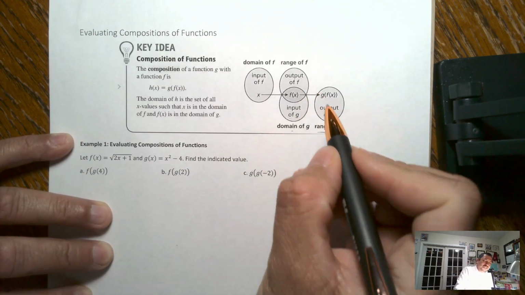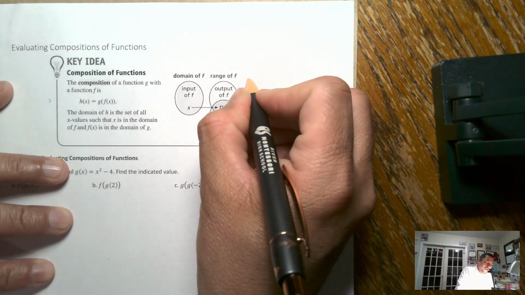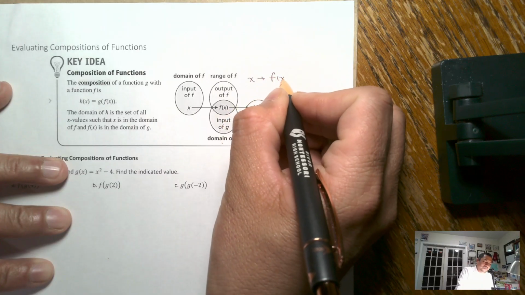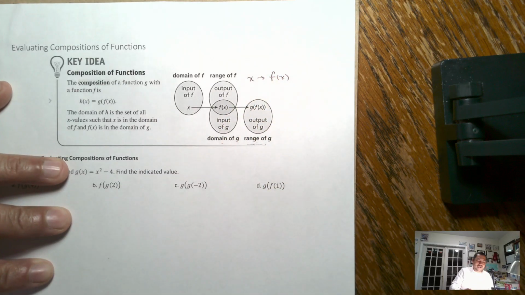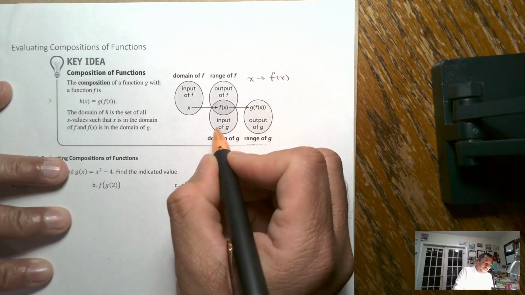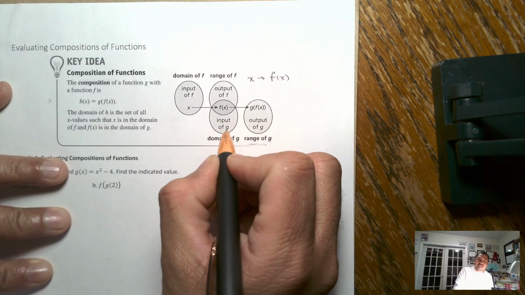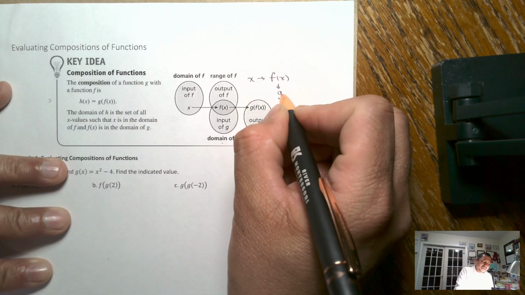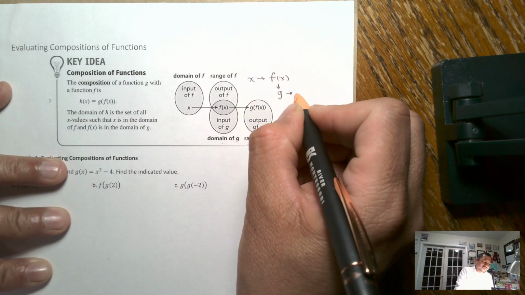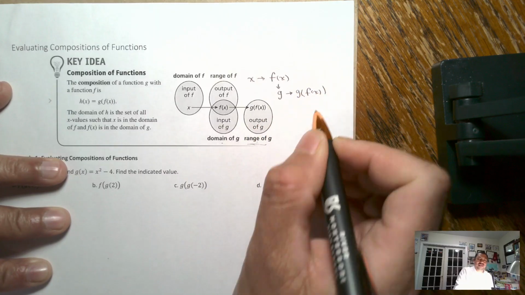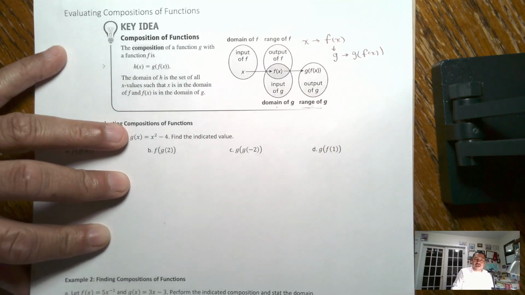So it's like a machine. You have your x, and then you have f(x), right? This is your output. And then you take this and plug it into g, and you're going to have g of f of x. That's how it's going to work.